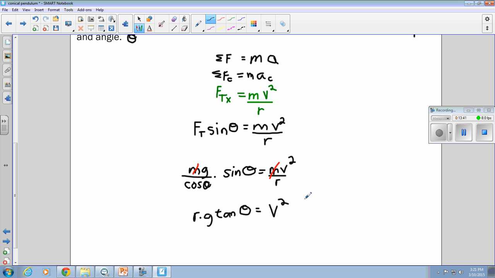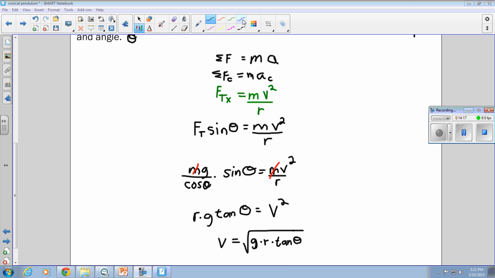So to derive an equation in terms of radius and theta, we take the square root of both sides to get our velocity equals the square root of gravity times the radius times tangent of theta.